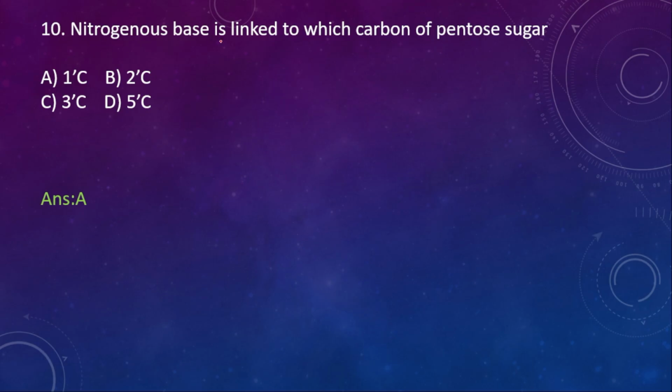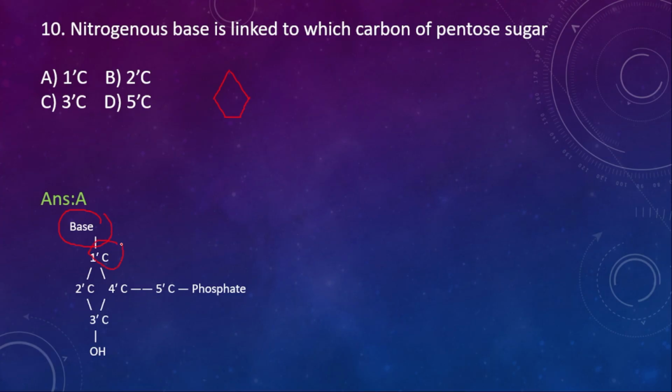When it is asked which carbon of the pentose sugar the nitrogenous base is linked to, I will give you a simple diagram. This is the pentose sugar. Let me give you this structure. See, this one is the first carbon, second, third, fourth, and then fifth. So here the nitrogenous base is going to attach to the first carbon of the pentose sugar, and the phosphate is going to attach to the fifth carbon.